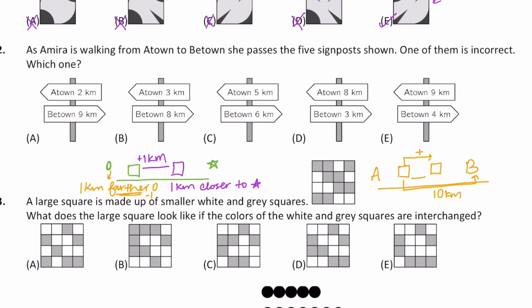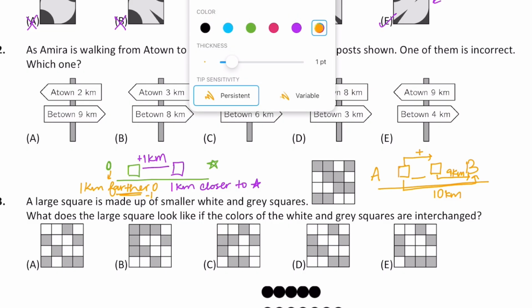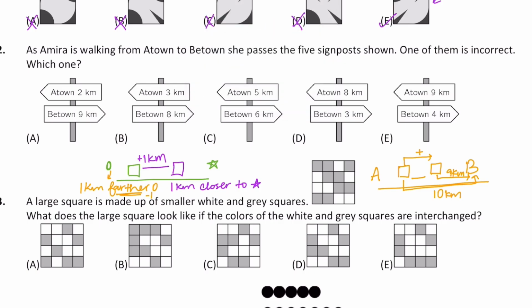When you travel 1 kilometer, it's going to be 9 kilometers, right? And let's say town A from this signpost was 3 kilometers. Okay, and when you traveled 1 kilometer, it's going to add, because you have to add 1 kilometer to it, and it'll be 4 kilometers farther.